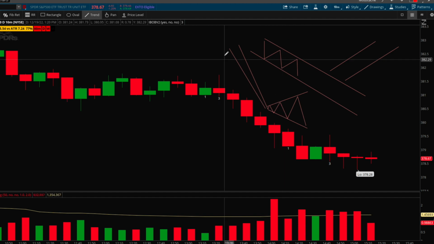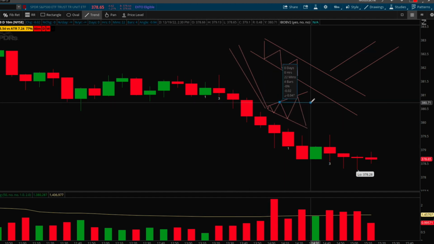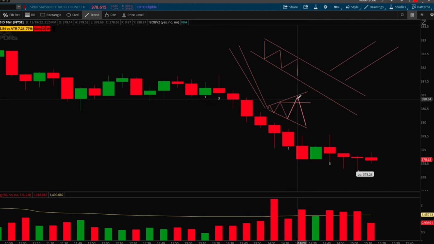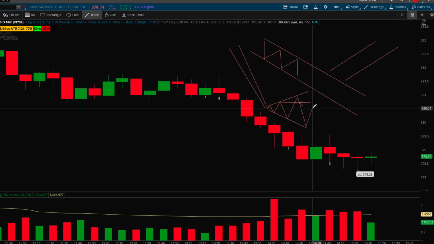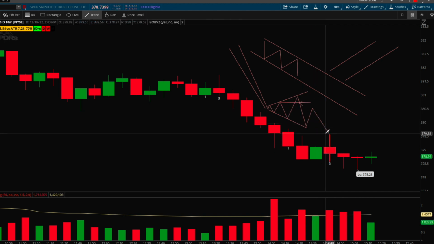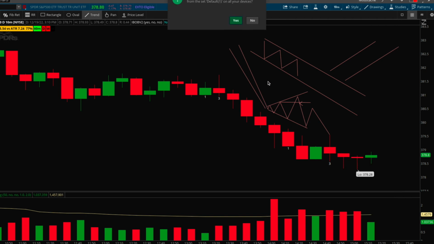When you see price selling off like that and then you see a high broken like this and rejected, this could be another entry point, right? You get this pop over the high, instant rejection, and then it continues down, and the downtrend continues.